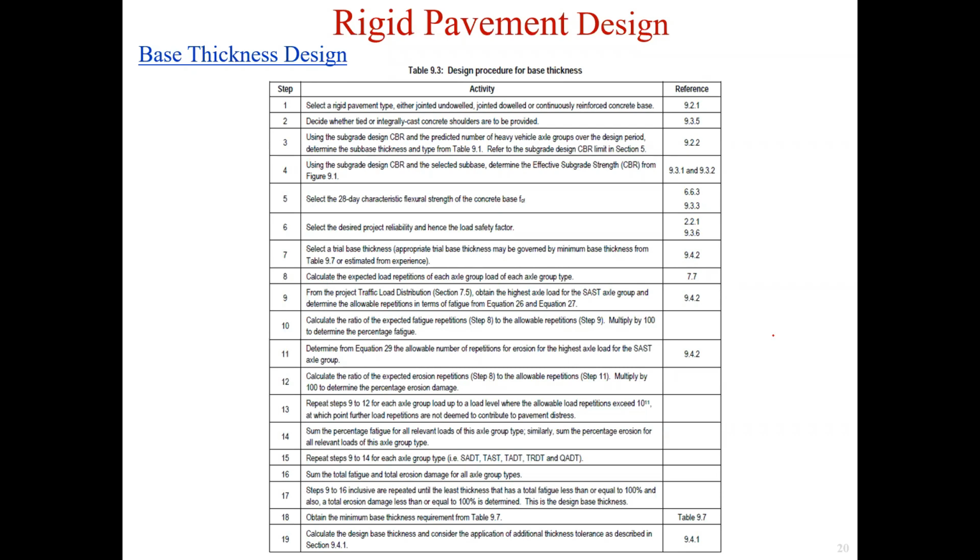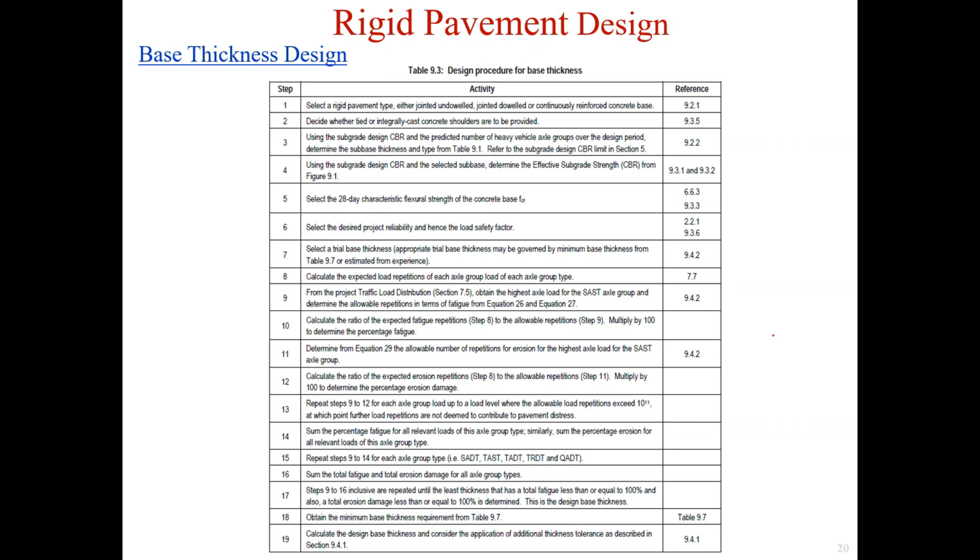Then we calculate the ratio of the expected fatigue repetitions to the allowable repetitions and determine the percentage of fatigue by multiplying by 100. We also need to work out the allowable number of repetitions for erosion for the highest actual load for the SASD actual group. Again, calculate the ratio of the expected erosion repetitions to the allowable repetitions and find the percentage of erosion damage by multiplying by 100.